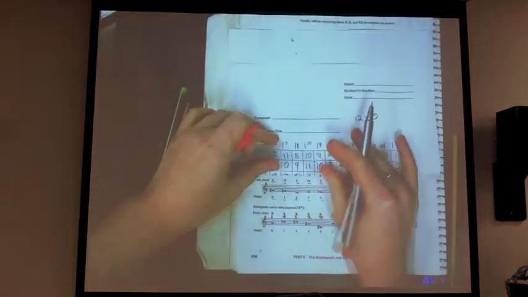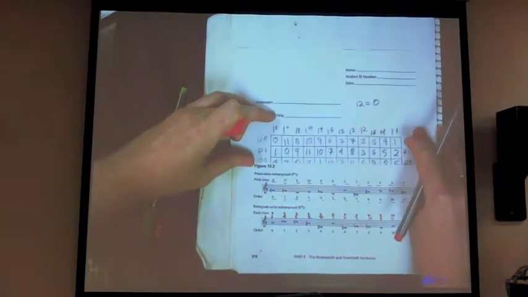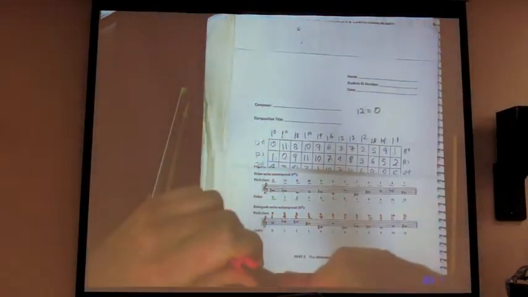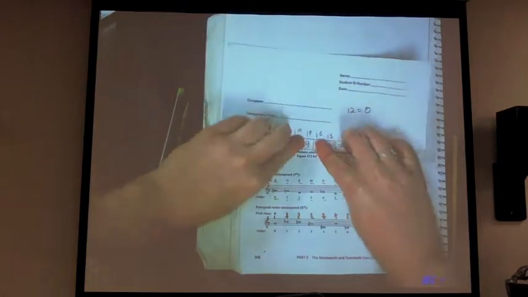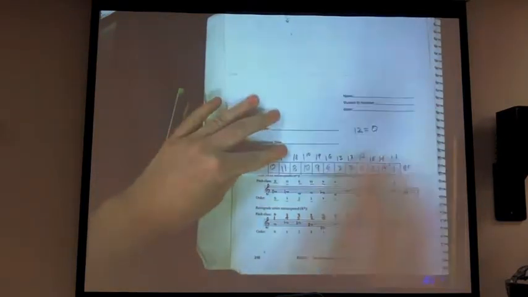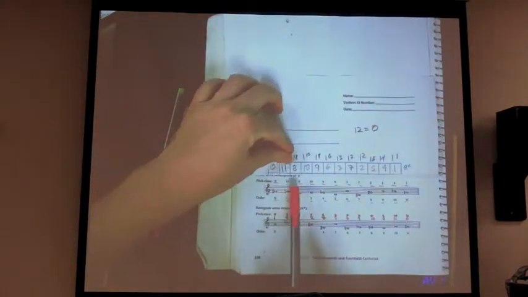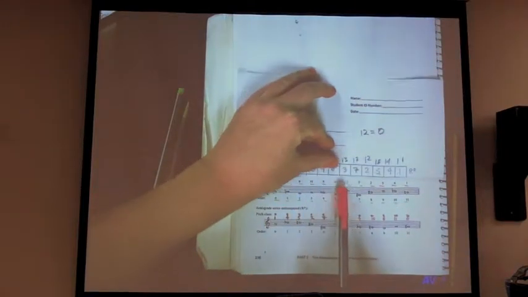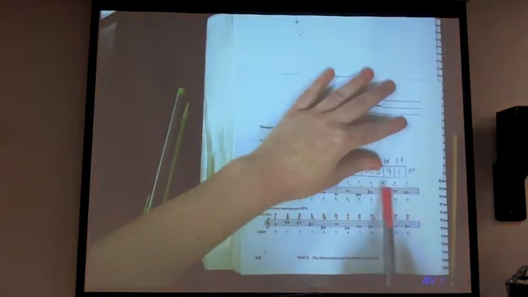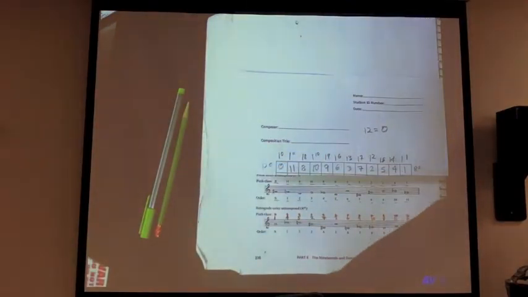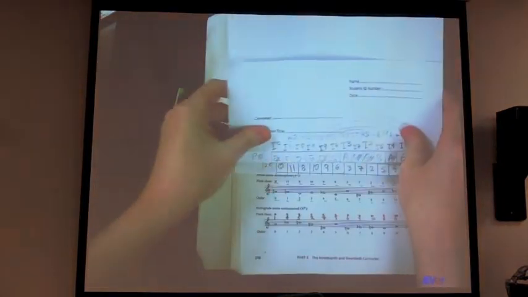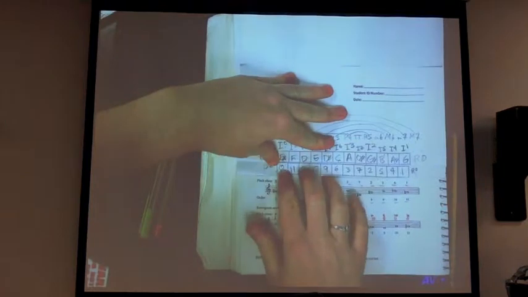So if we look at our first row, the very first row, we get 0, 11, 8, 10, 9, 6, 3, 7, 2, 5, 4, 1, or on top, right?